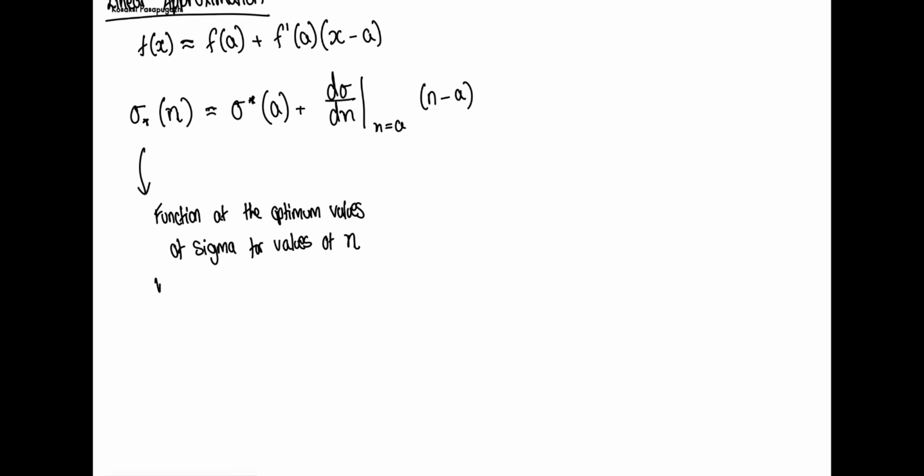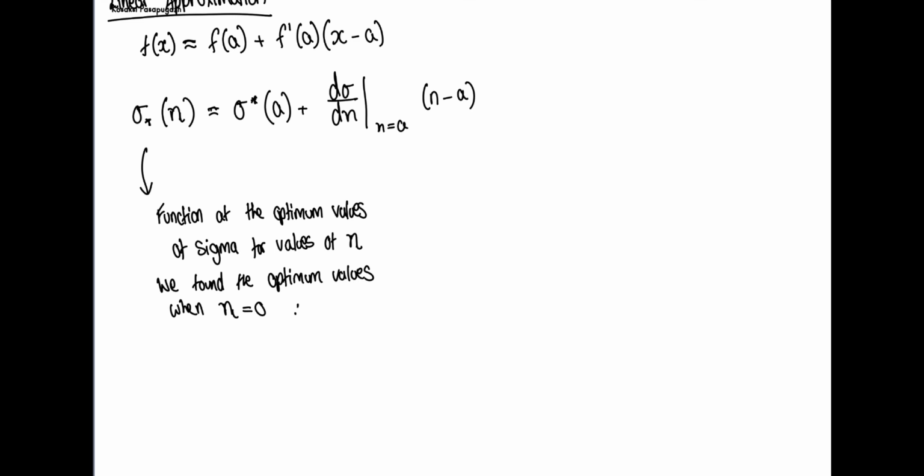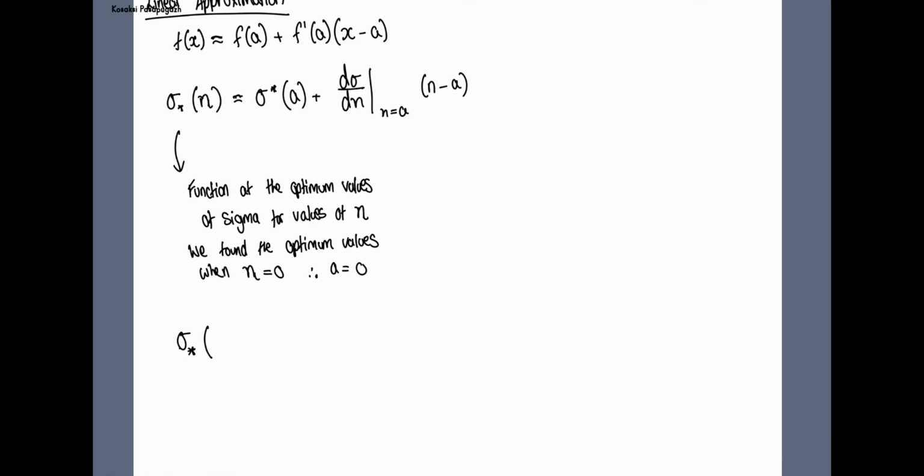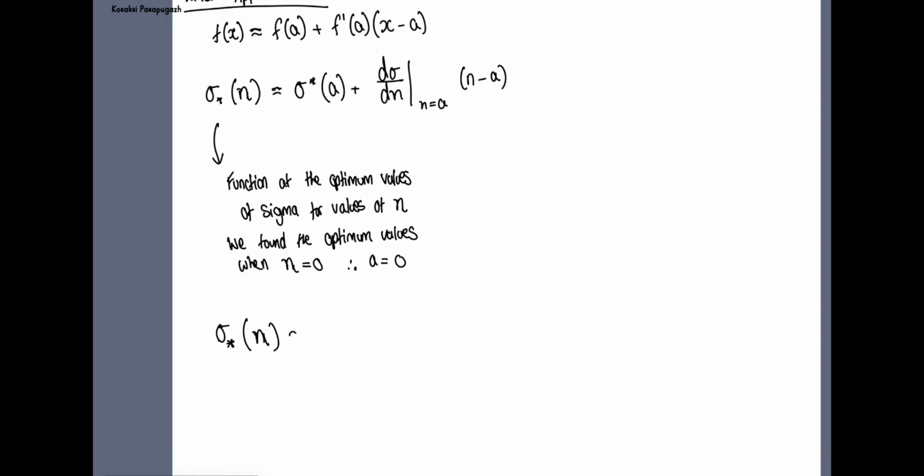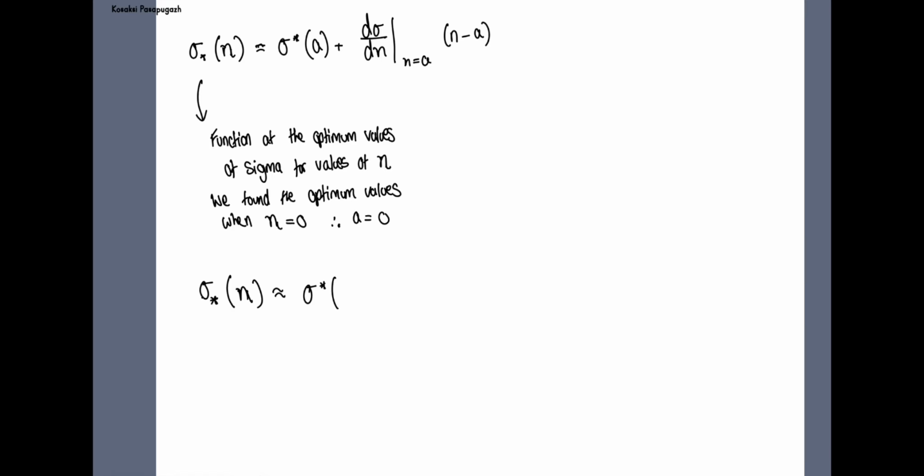And we found the optimum values when eta is equal to 0. Therefore, a is going to be equal to 0. So we can rewrite this function as the optimum values of sigma for values of eta is approximately sigma of 0 plus d sigma over d eta, given that eta is equal to 0, times eta minus 0.